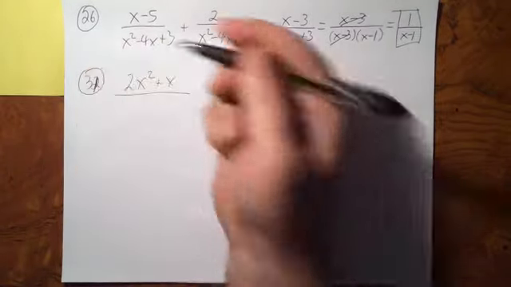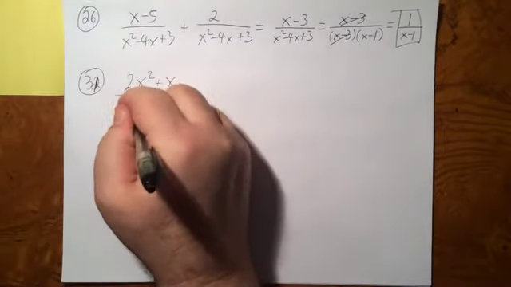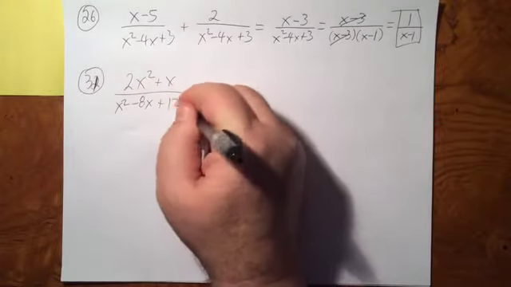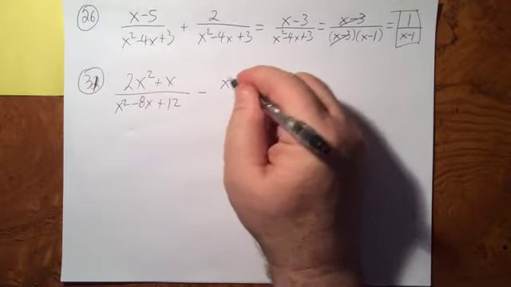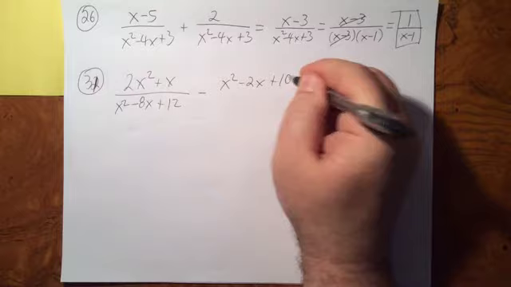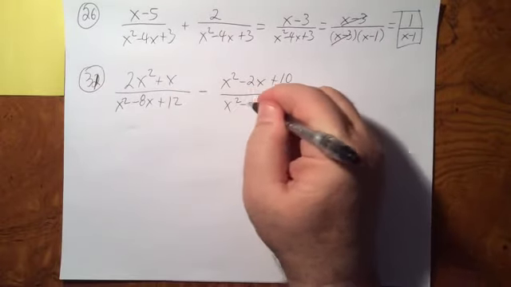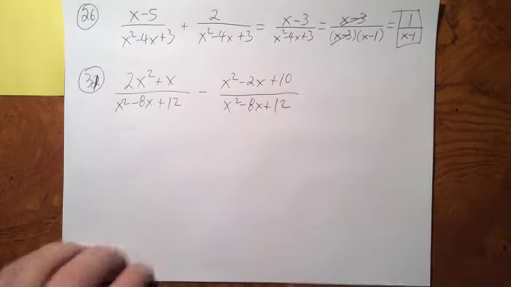This is the one I'm copying down right now, so let me not be confused. Question number 31. Over x squared minus 8x plus 12 minus the quantity of x squared minus 2x plus 10 over x squared minus 8x plus 12.